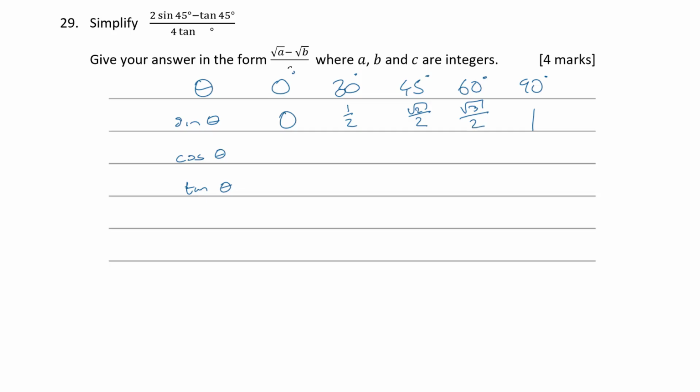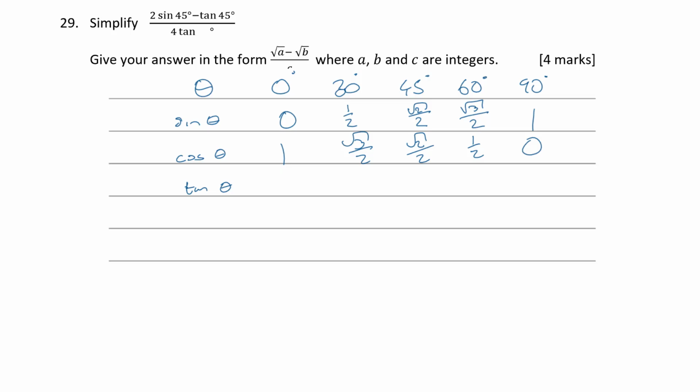Now cosine's easy. Once you've written those down, the cosines are the same as the sines but backwards. So rather than having 0, half, root 2 over 2, root 3 over 2, 1, it's the other way around. So it's 1, root 3 over 2, root 2 over 2, a half, 0. And the tan is the first one divided by the second one. This is the sine theta divided by cos theta.